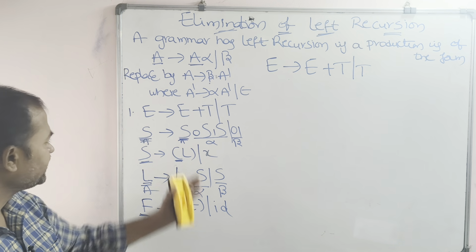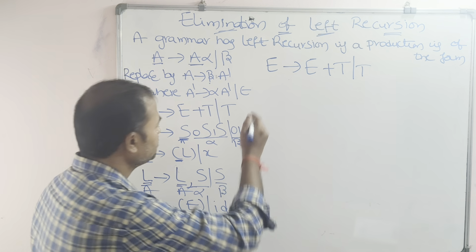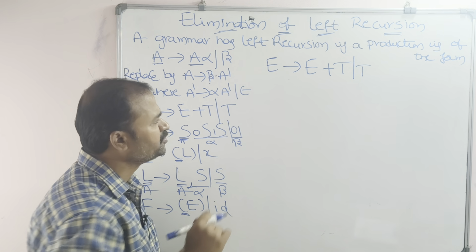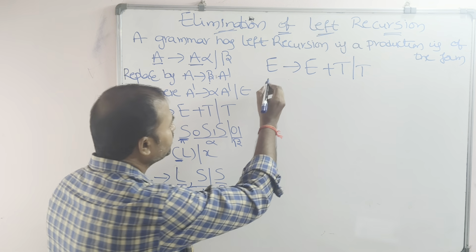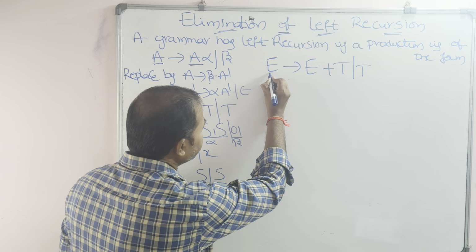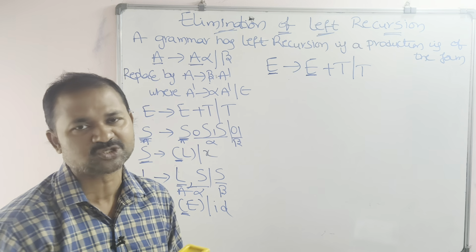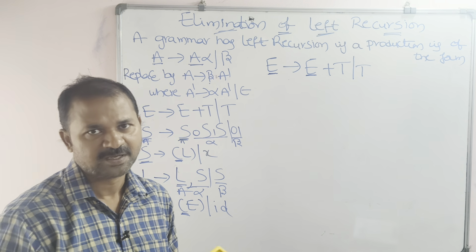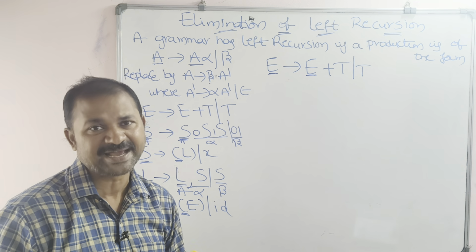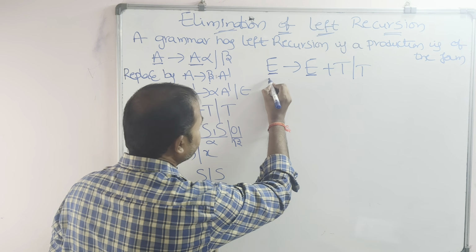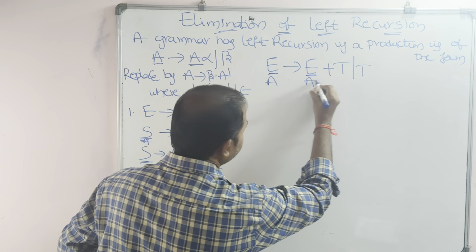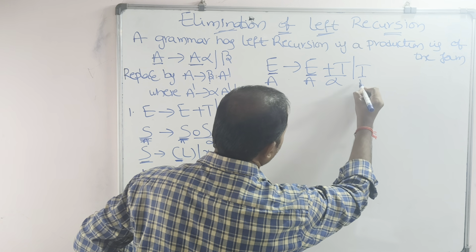So let us eliminate the left recursion for this grammar. The first production is E produces E + T | T. Here we have the left-hand side non-terminal E as well as the right-hand side non-terminal E. So both are the same, so we can say that the production has left recursion. This production is of the form A produces Aα | β.